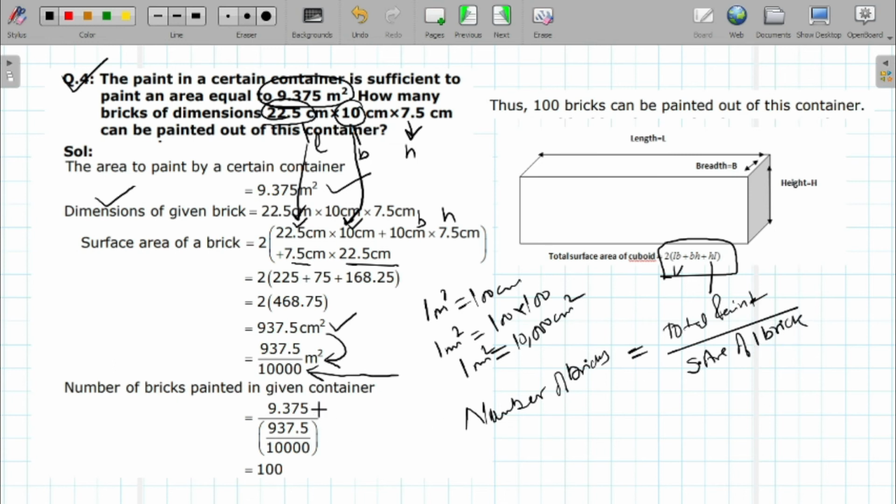So this is total paint upon area of one brick. This will go up. So what are you getting? You are getting 100. So 100 bricks can be painted out of the container. So this is about question number 4.